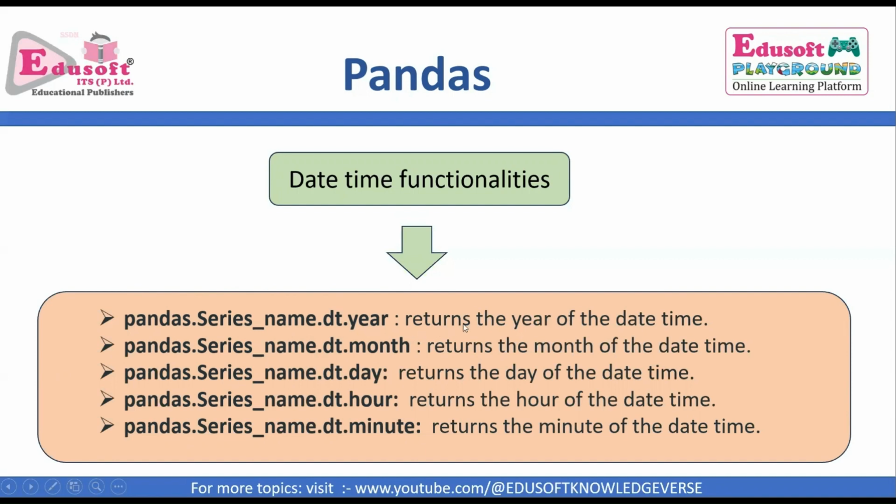It returns the year of the date time. .dt.month will return the month of the date time. .dt.day returns the day of the date time. .dt.hour will return the hour of the date time. .dt.minute will return the minute of the date time. So pandas has very useful tools for working with DateTime functionalities, and it makes it easier to work on the date and time module.